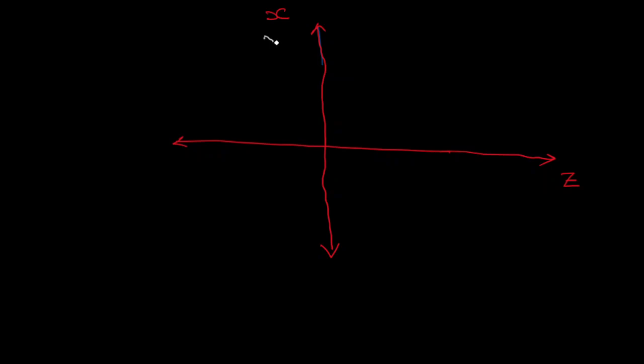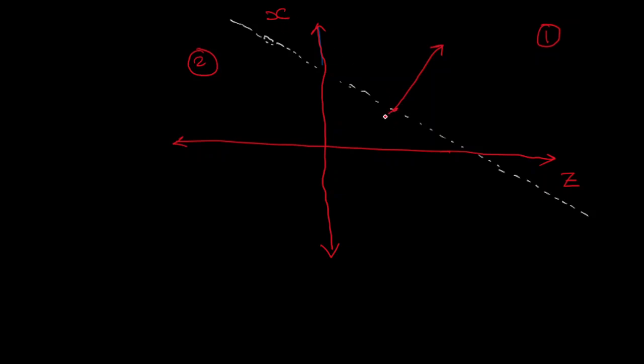Let's say this is the interface, and on the interface, if we consider one point, this is the point where the electromagnetic wave is incident. This is the unit normal at the interface, and let's say this is dielectric medium 1 and this is dielectric medium 2, so the unit normal will be directed towards 1. So this unit vector will have a z component as well as an x component.